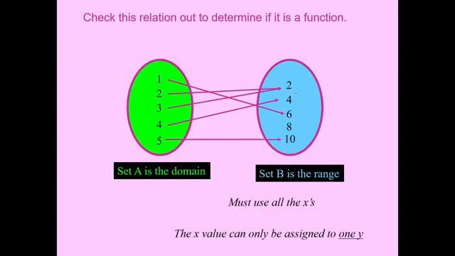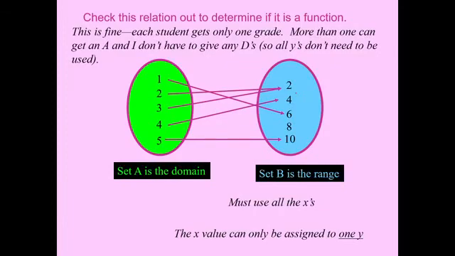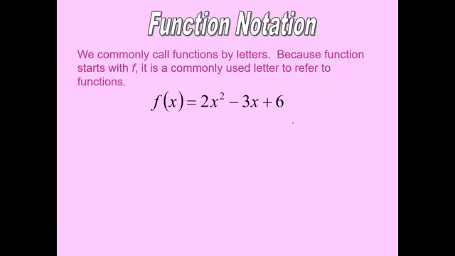Is this a function? This is fine. So take note, if I'm going to relate this to students, each student gets only 1 grade. More than 1 can get an A, and I don't have to give any D's. So meaning, student 2 and student 3 can get an A, and no one can get a D. Okay? That's totally fine. That is still a function.